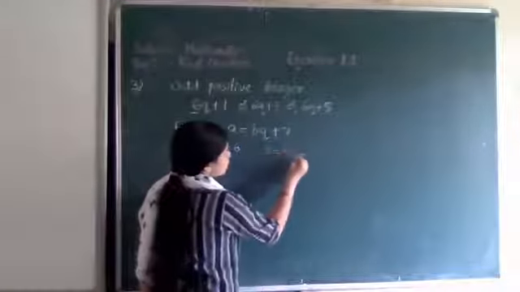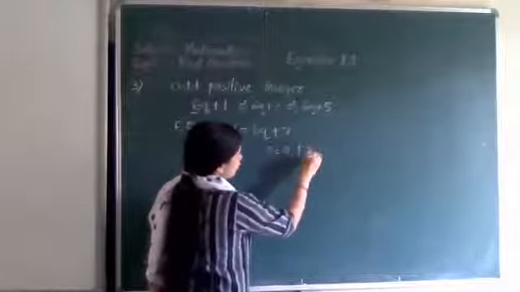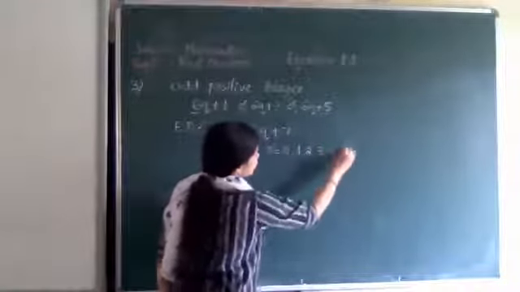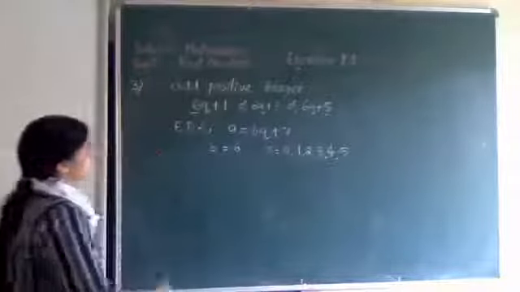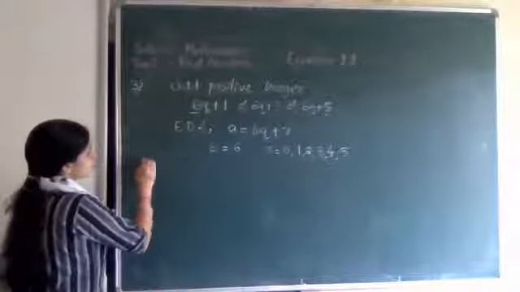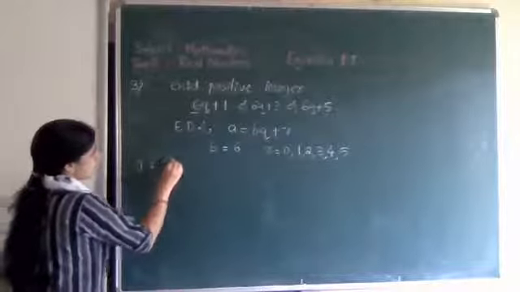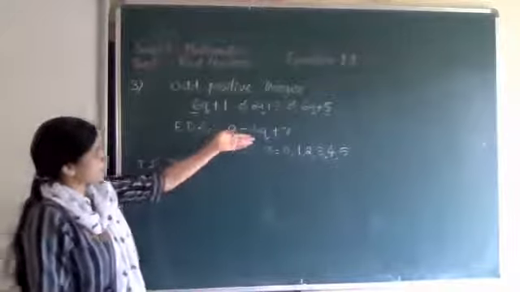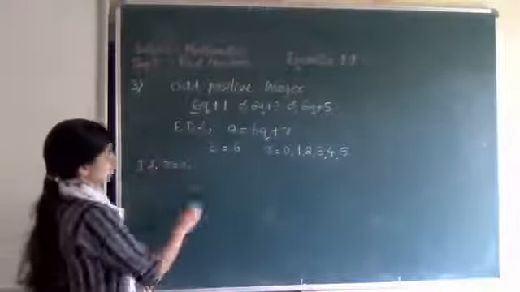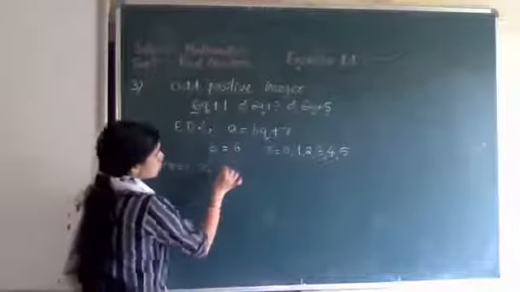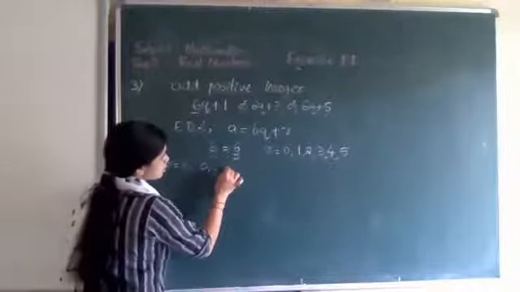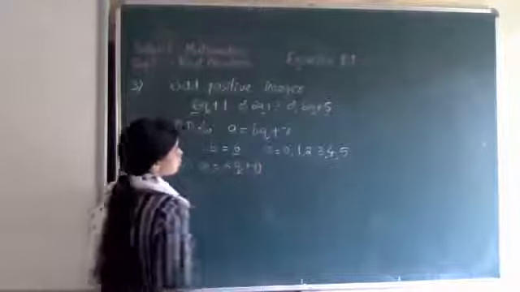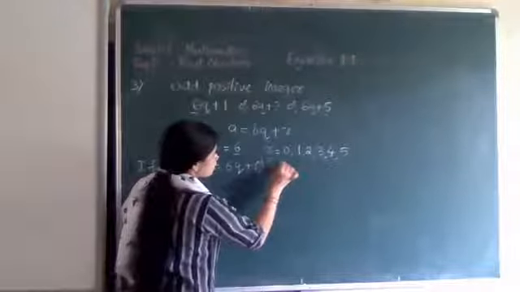R can be 0, R can be 1, R can be 2, R can be 3, R can be 4, up to R can be 5. First, R is equal to 0. How will we write it in the form of Euclid's division lemma? If R is equal to 0, A is equal to 6q.